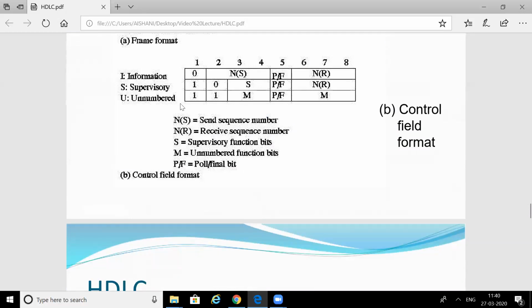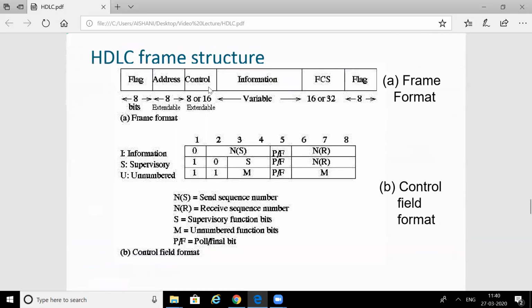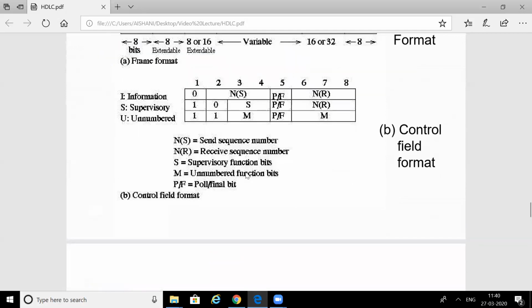Now if we come to the unnumbered frame, here it contains the unnumbered function bits. An unnumbered frame will always start with 1 1 in this control field.